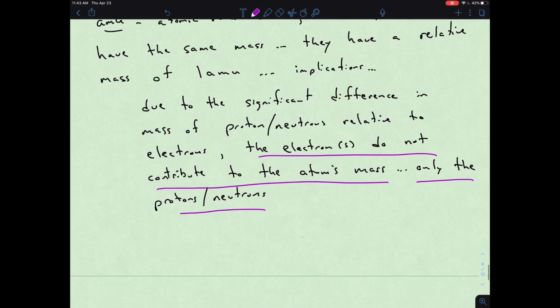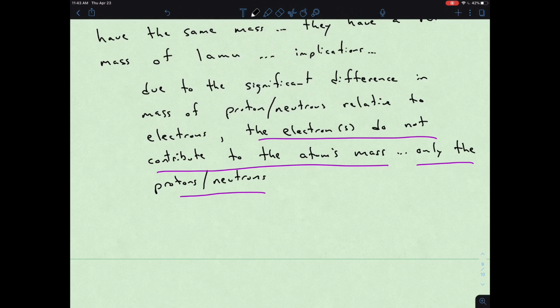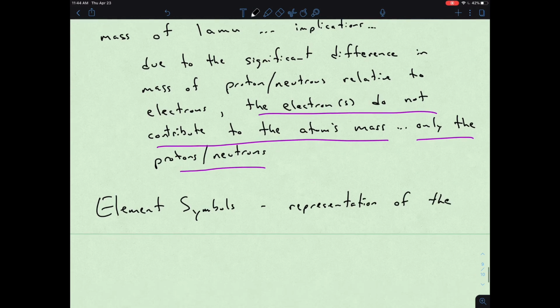So when we look at elements, we have element symbols, or a representation of the element, protons, neutrons, and our electrons.